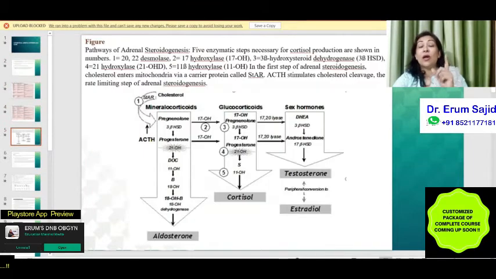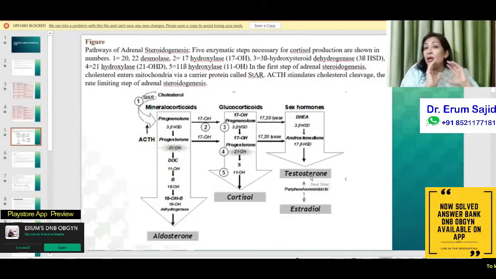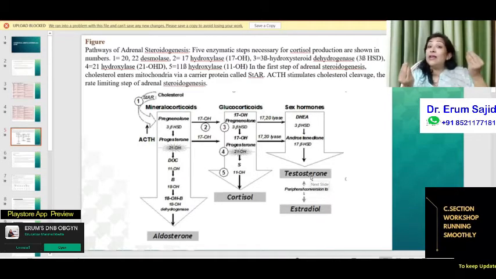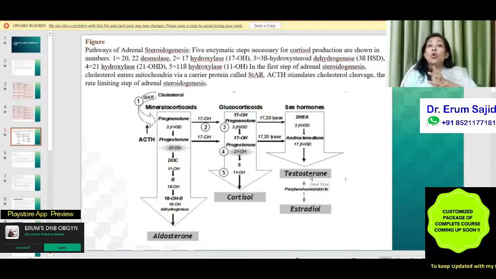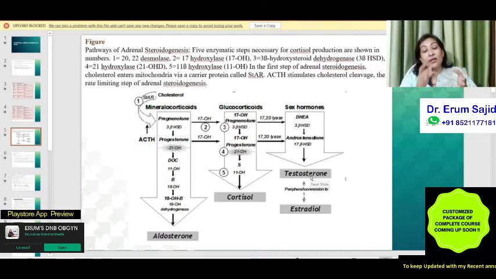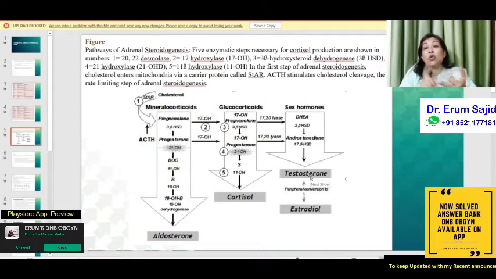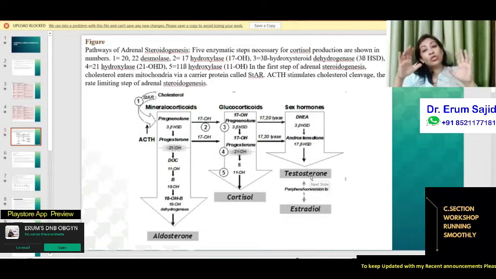I'll skip these slides now. Just if you understand this slide, you understand CAH. I told you many times that if you understand the pathophysiology of any disease, just read the pathophysiology if you don't have time. So etiology will also be very easy for you, because etiology usually comes under genetic causes, idiopathic causes, trauma, infection, or tumor, mostly.